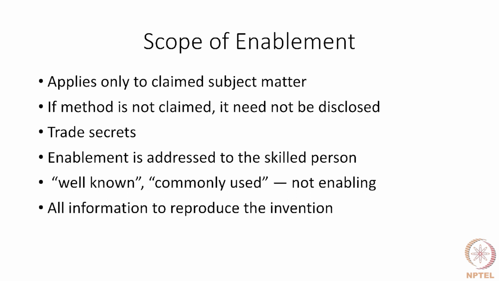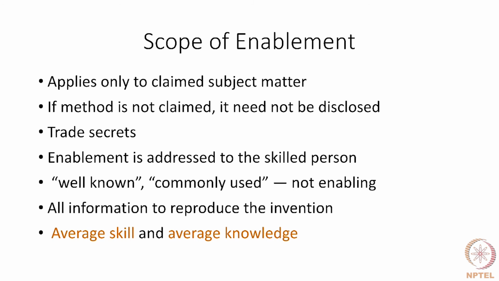Now, the enablement requirement requires the applicant to disclose all information that is needed to reproduce the invention. And the standard in India is that the skilled person should be of average skill and average knowledge. In the US, it's called ordinary skill, a person having ordinary skill in the art.